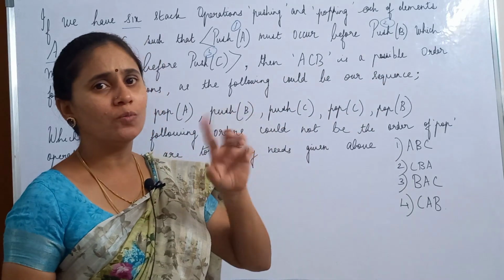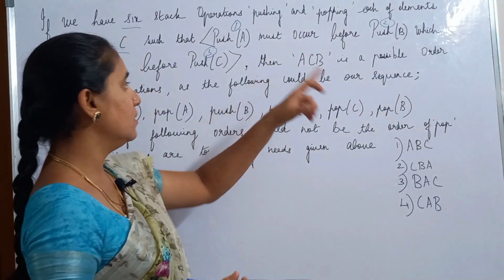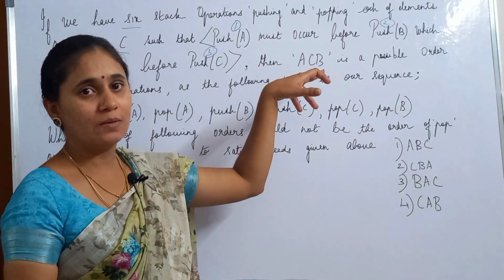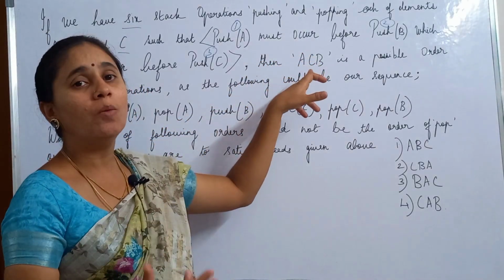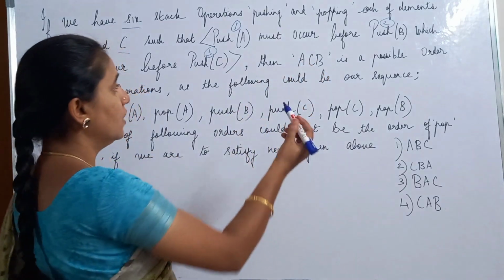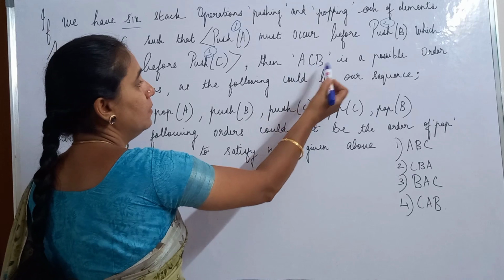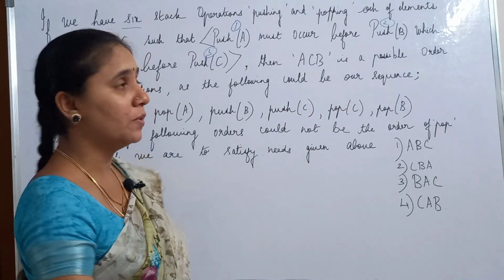That is one order of pop operation, given in the question as an example of push and pop operations. If I push in this order, I may get ACB as the order of pop operation.